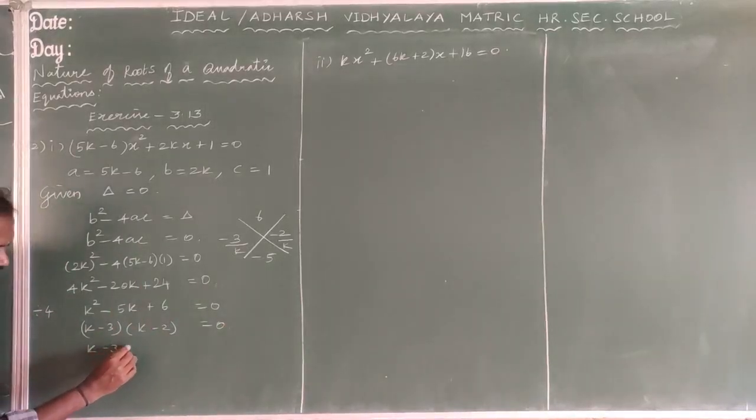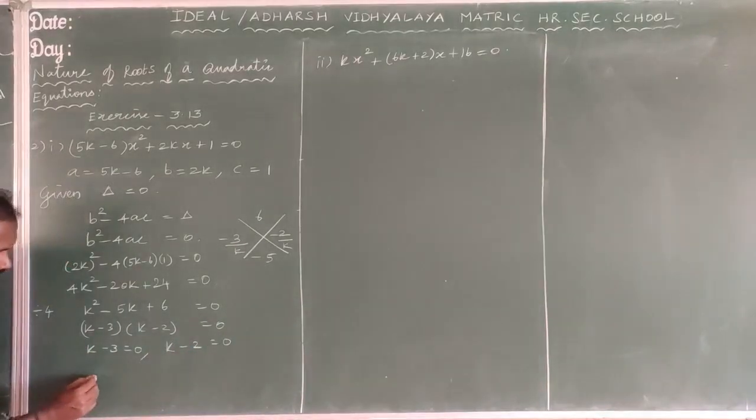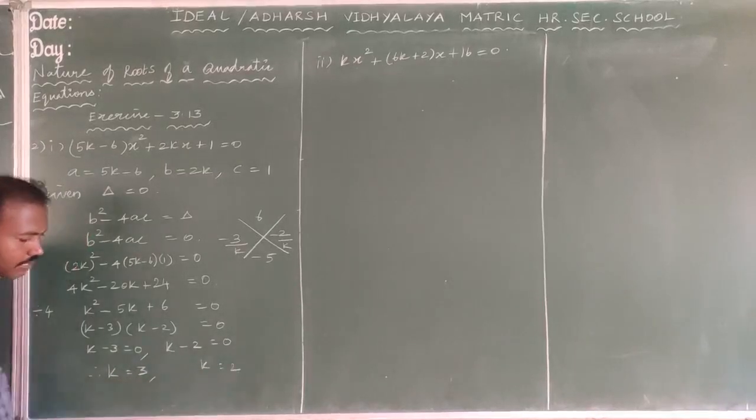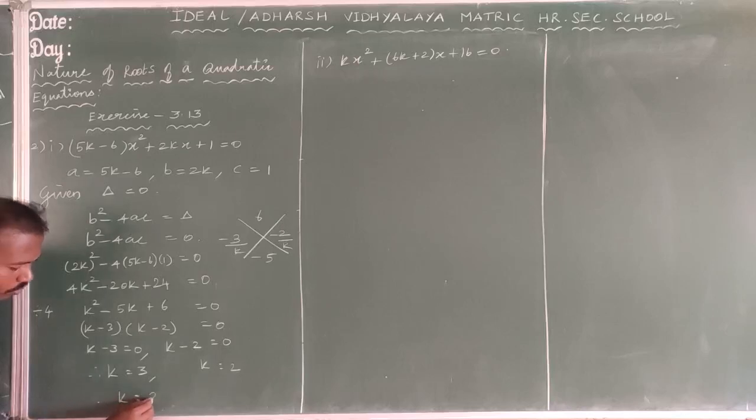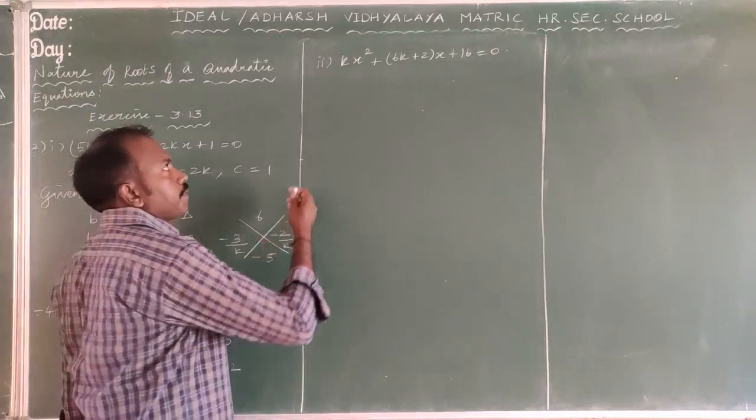Here k minus 3 is equal to 0 and k minus 2 is equal to 0. Therefore k is equal to 3 and k is equal to 2. Hence k is equal to 2, 3. That's all.